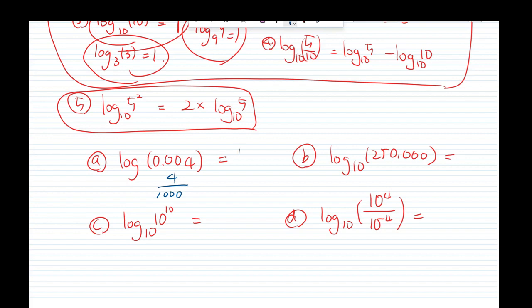That means log base 10 of 4 minus log base 10 of 1000, which is log base 10 of 4 minus 3 times log base 10 of 10.